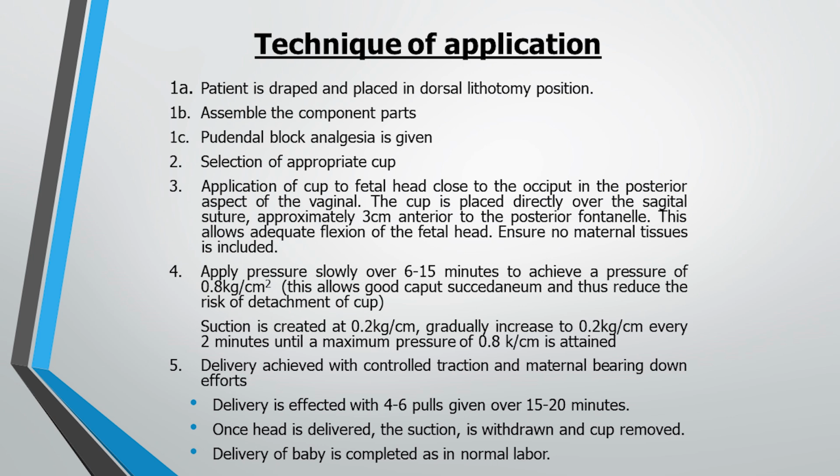Then you want to apply the vacuum. Where do you apply it? Do your vaginal examination again. Ensure that all the prerequisites are met: no CPD, the head is well flexed and there is engagement. Then you apply the cup at the flexion point, about 3 centimeters anterior to the posterior fontanelle along the sagittal suture.